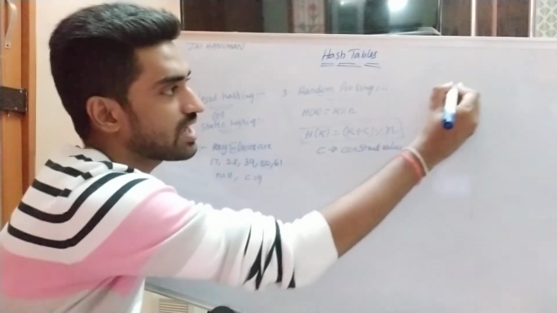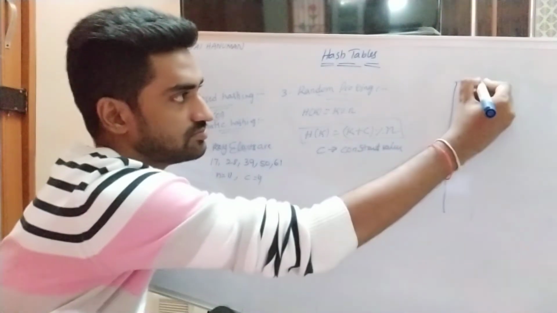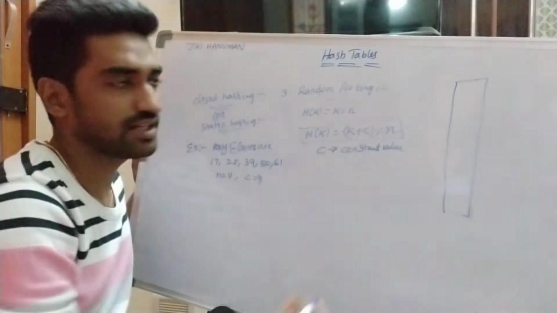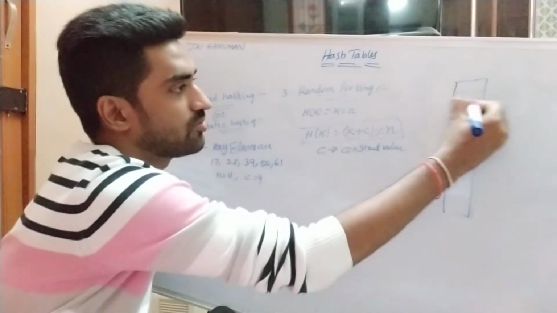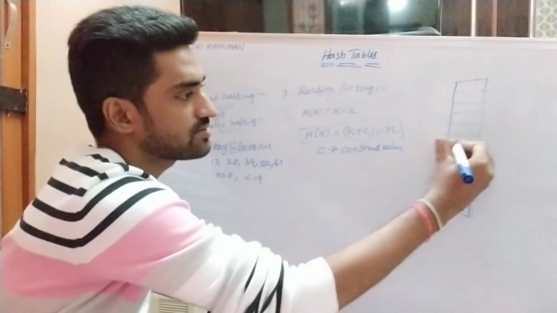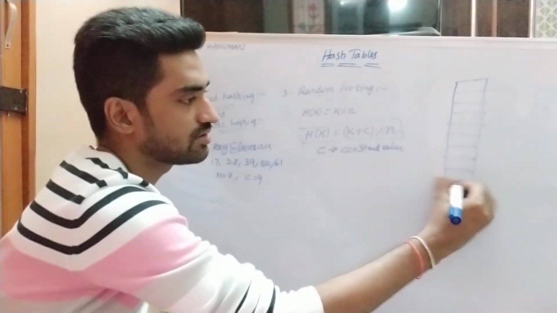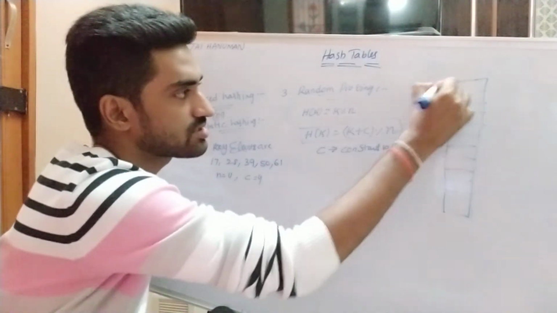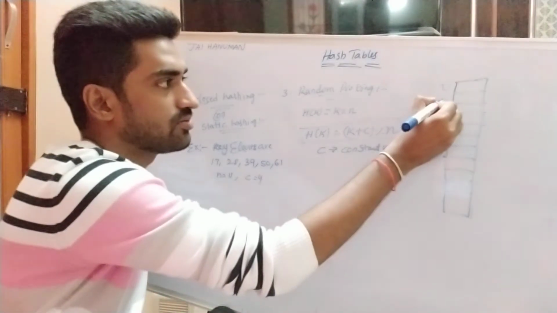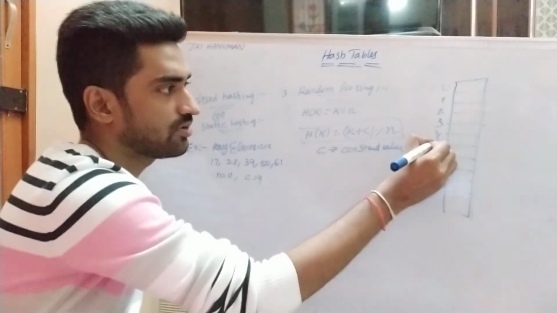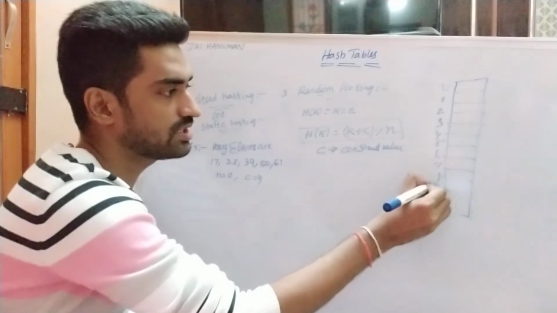What is the size of the hash table? 11, right? So indexes start from 0: 0, 1, 2, 3, 4, 5, 6, 7, 8, 9, 10.